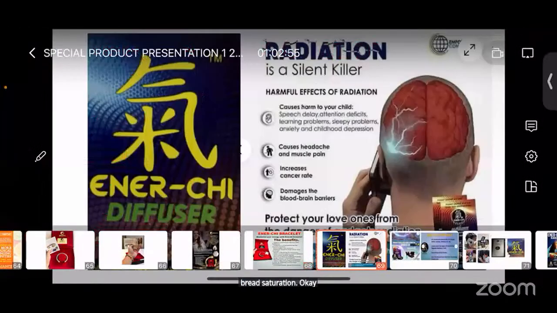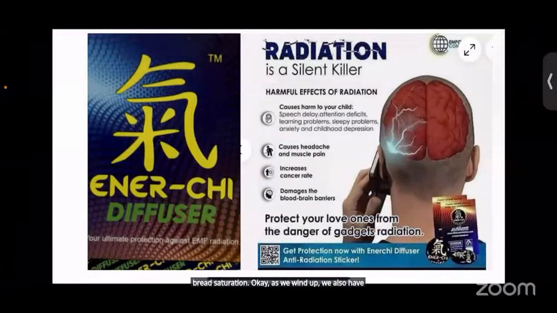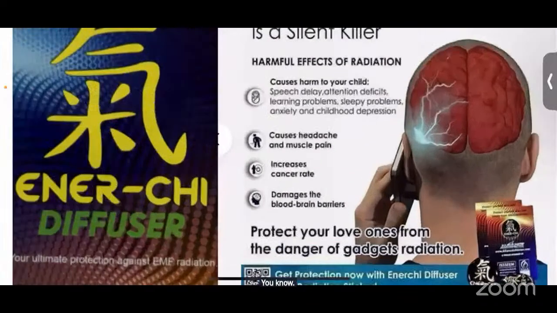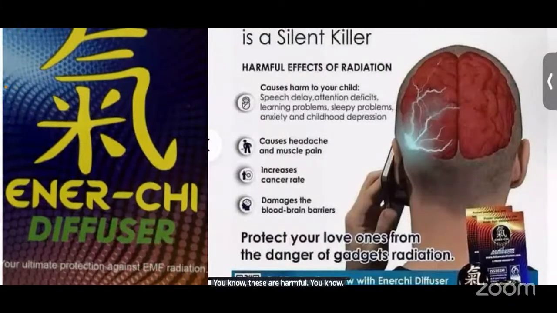Okay, as we wind up, we also have this one. This one is called Energy Diffuser. This Energy Diffuser, they are telling you that radiation is a silent killer. These are harmful effects of radiation. It causes harm to your child: speech delay, attention deficits, learning problems, sleep problems, anxiety, and childhood depression.